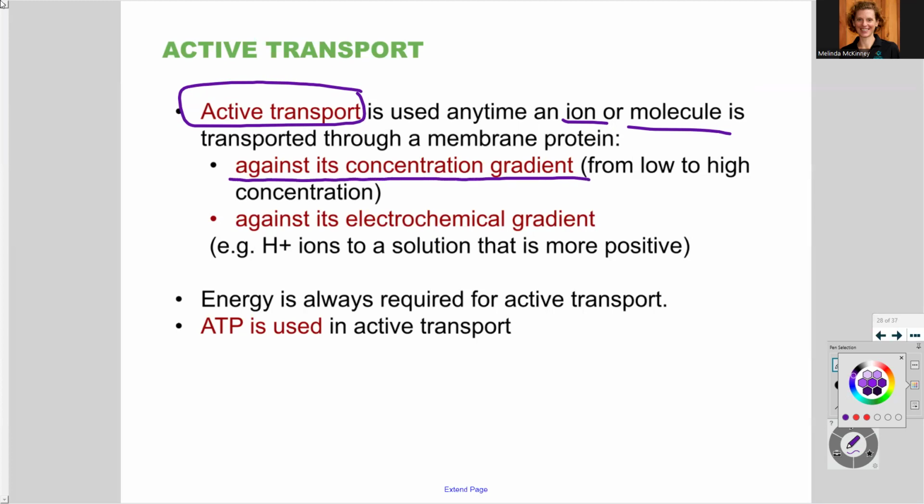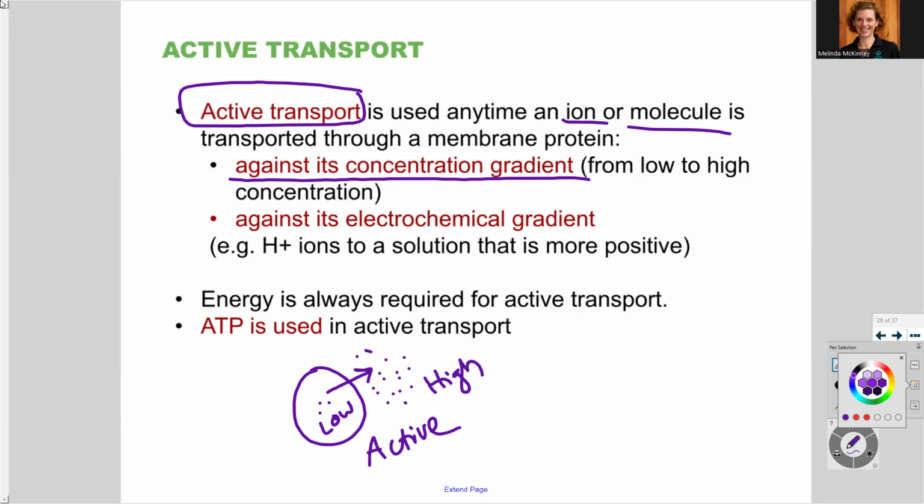So again, we're moving from an area, say out here, if it's high, and in here it's low. If you're trying to get it out to where it's higher, this is going to be active transport, right? It takes energy to go from low to high. So just emphasizing that again, okay?